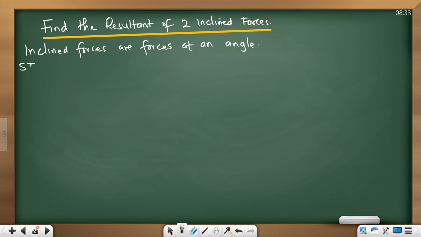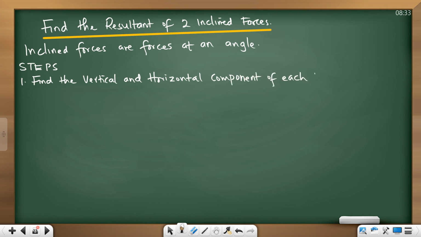Now, what are the steps? Number one, find the vertical and horizontal component of each inclined force.